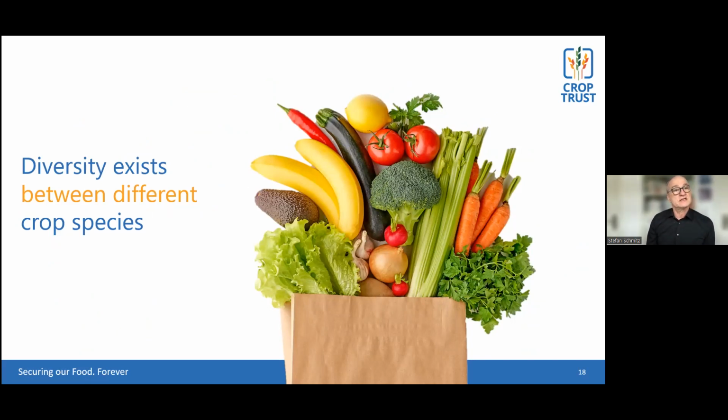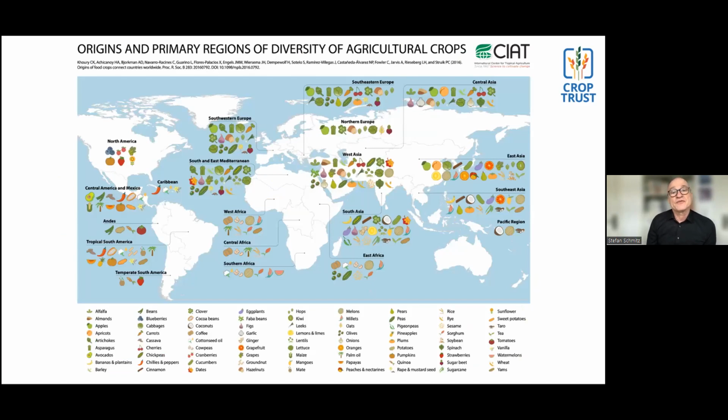So with that, diversity exists between different crop species, as you see here. Next slide, please. And this starts from various centers of origin around the world, the primary regions of the world. This is a very broad landscape of the diversity of agricultural crops. Next slide, please.